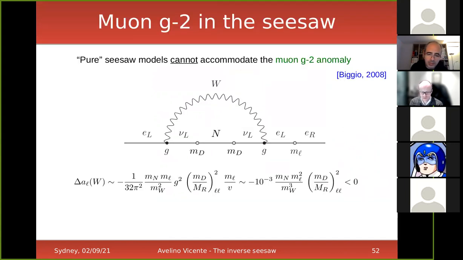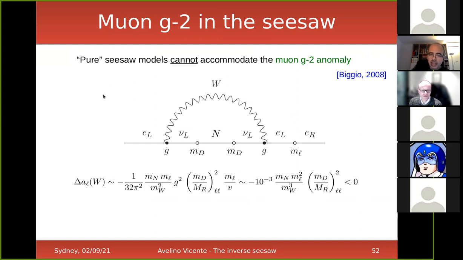And one observation that I wanted to start with is that this cannot be explained in normal seesaw models. This is something that Carla Biggio pointed out in 2008, and it's very easy to understand. First of all, in all standard seesaws, the only charged leptons that intervene are purely left-handed.